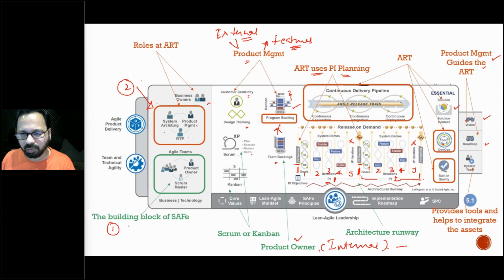They implement built-in quality. They build quality with flow, architecture, good design, code quality, system quality, and release quality. So these are the various elements of the SAFe framework at a foundational level, right? So this is one kind of a framework here. Now this configuration of framework is called Essential SAFe.